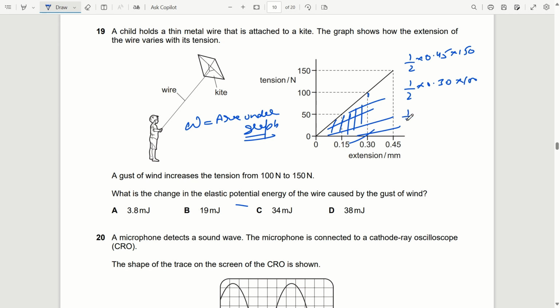So change will be half, you can take common, 0.45 into 150 minus 0.30 into 100. On solving you will get the difference will come out to be 19 into 10 raised to power minus 3 joule, or 19 millijoule.